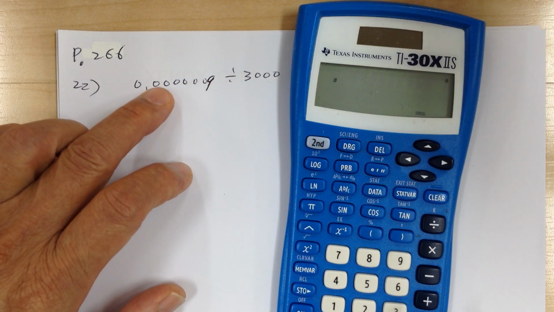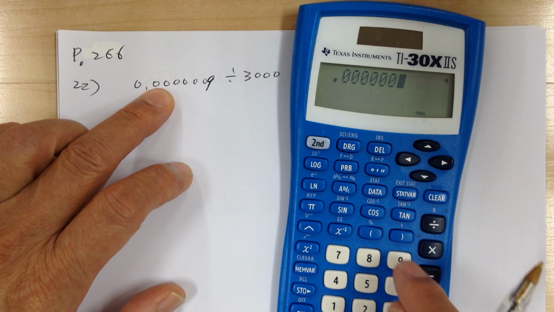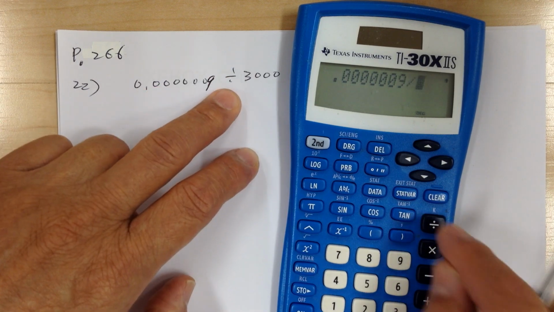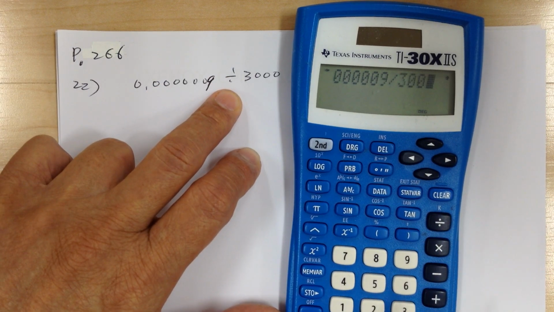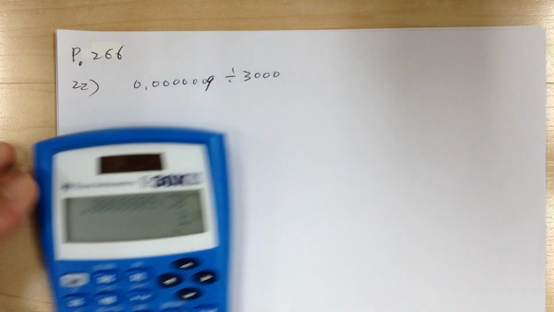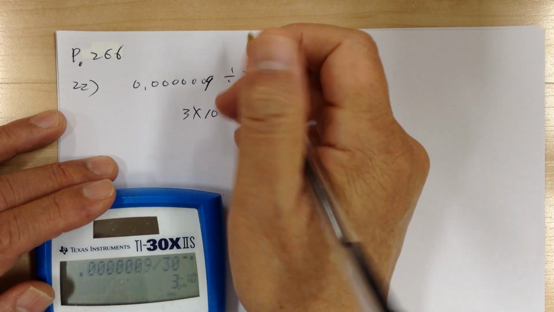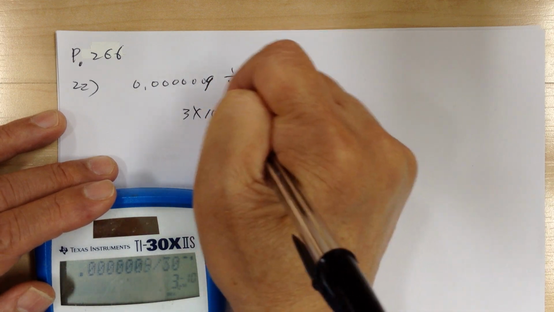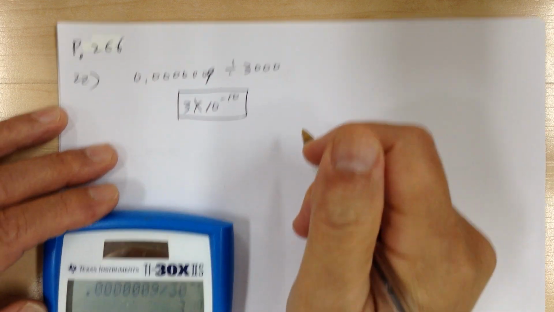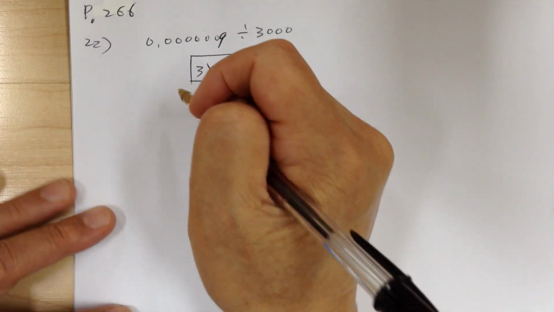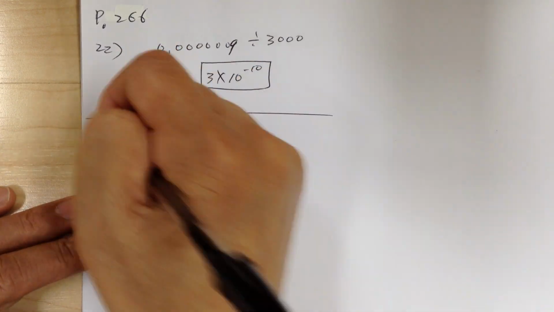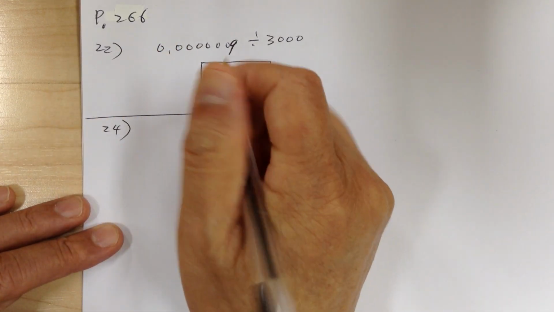Point, okay, and divided by 3,000 equals. So it'd be 3 times 10 to the negative 10. Okay, and that's it. So you can just use your calculator. So make sure you know how to use a calculator.